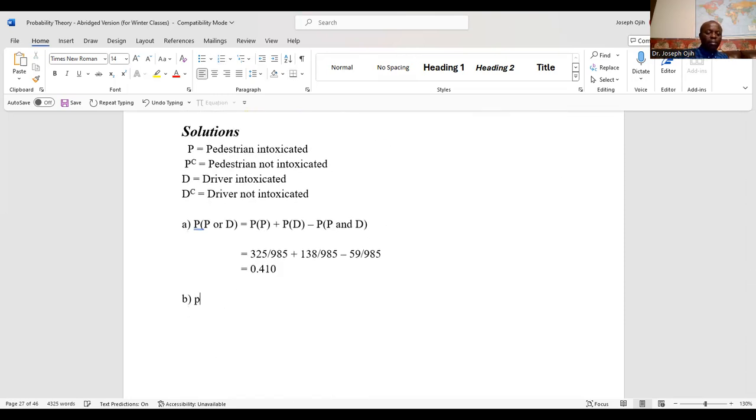We're looking for the probability that the pedestrian was not intoxicated, that means P complement, and the driver was not intoxicated, that means D complement.